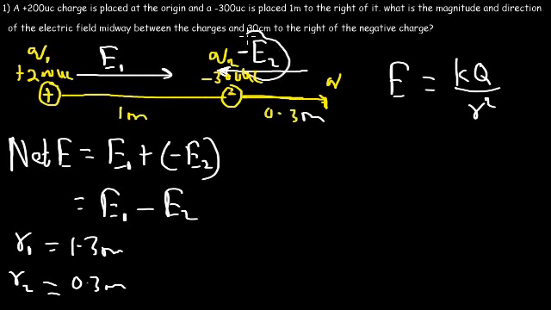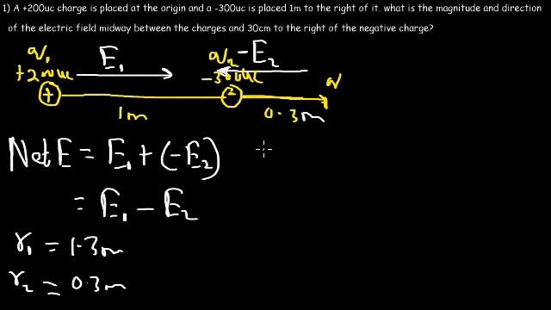Therefore, E sub 2, being much closer to Q, is going to possess a much higher magnitude electric field than E sub 1. So the net electric field will carry a negative sign. If this doesn't happen, then we are doing something different. So definitely the net electric field must have a negative sign. Let's see that.